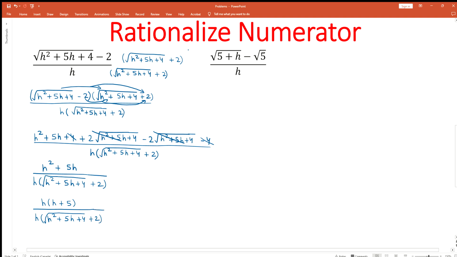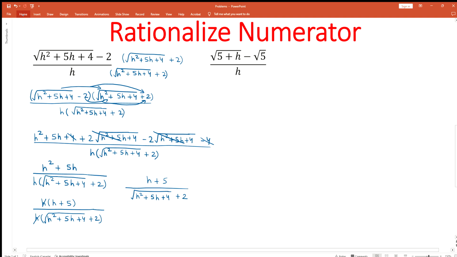Next, we can cancel out the h from numerator and denominator. This should be the final answer for the first expression. We have rationalized the numerator.